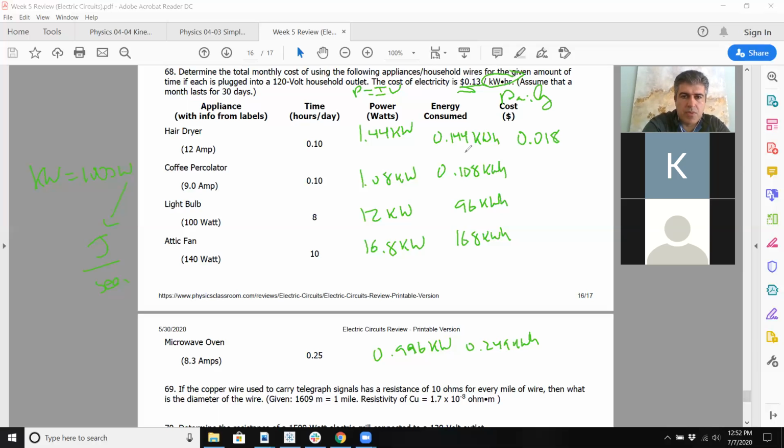So it's not much to run the hairdryer. You're doing it for 0.1 hours, which is about 6 minutes. Not costing much money. If you multiply that by 0.13, it costs that much. 96 times 0.13, that will cost a bit more.